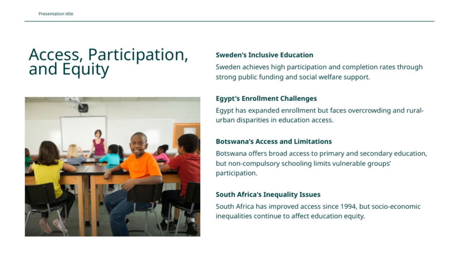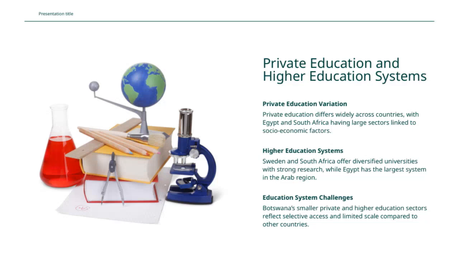Let's take a closer look at private education and higher education systems across different countries. Private education varies quite a bit from one country to another, influenced largely by socioeconomic factors. For example, in Egypt and South Africa, you'll find large private sectors, which often reflect broader economic disparities and social structures.